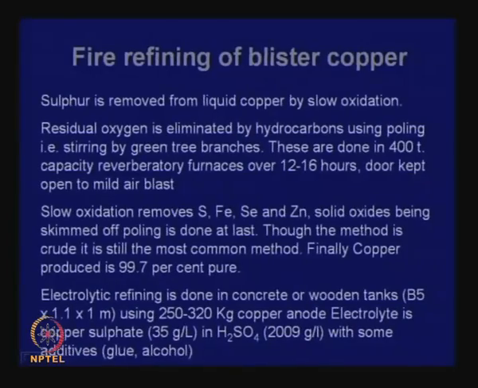Dimensions are roughly given, using a 250 to 320 kg copper anode, a thick anode, which is that impure copper, in a copper sulphate solution, 35 gram per liter in sulfuric acid. This is not 9, it should be 0, with some additives like glue and alcohol. Why glue and alcohol? Because we get a nice cathode deposit.